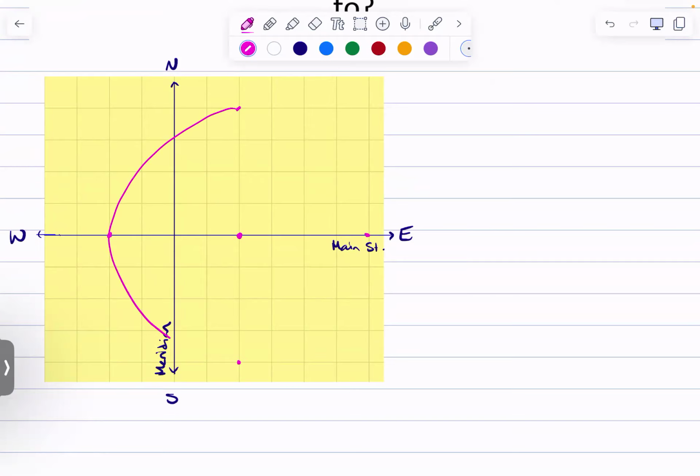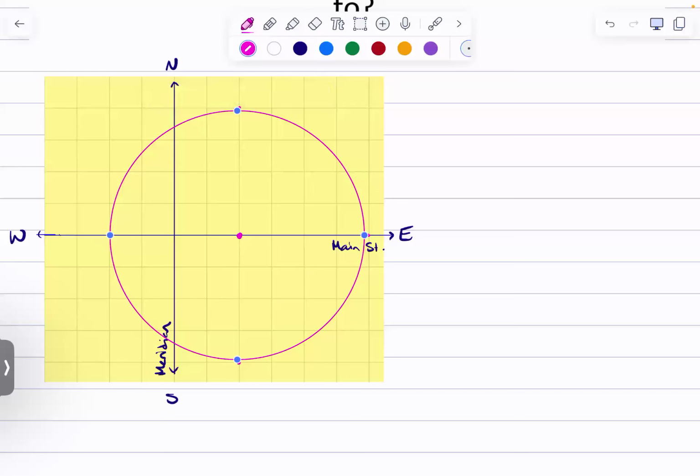Draw a circle connecting these. Close enough, I guess. Anyways, call that our delivery radius, right?